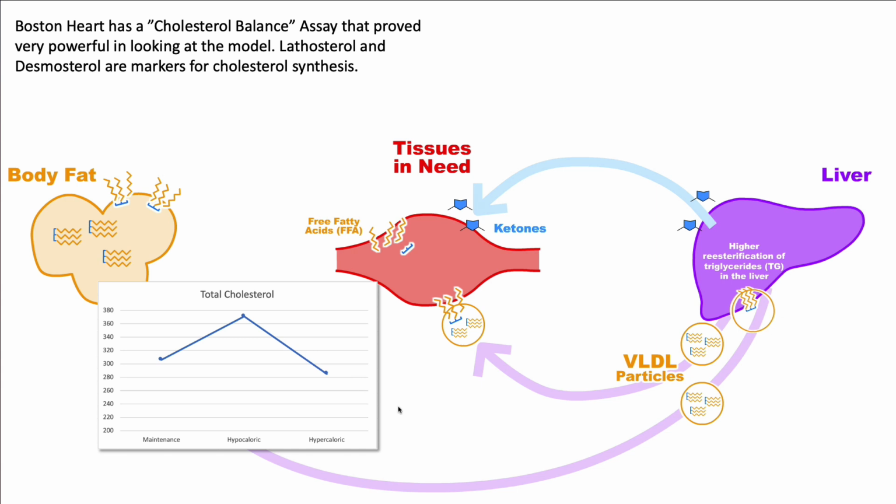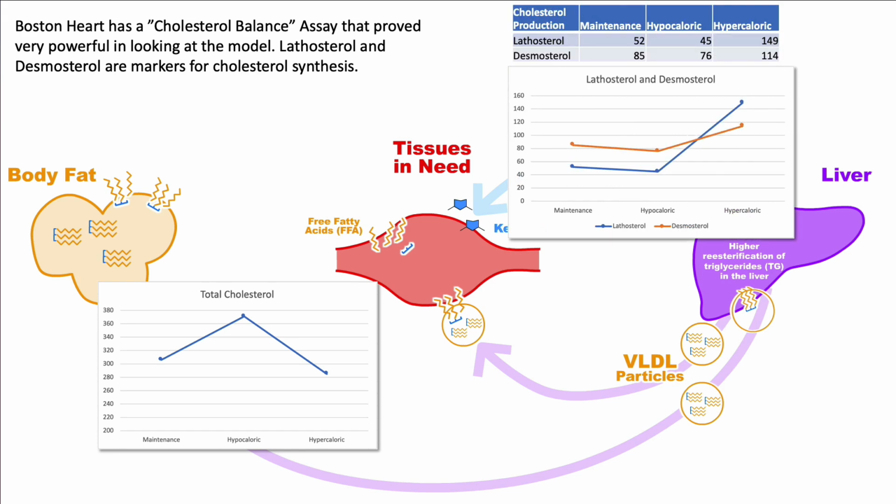So would we expect the synthesis to follow the same pattern? Actually, no. It's the opposite. At maintenance level, it's here, and it ends up dropping marginally. It goes down slightly. But when I go hypercaloric, both of these markers jump substantially. In the case of, for example, lathosterol, it's threefold.